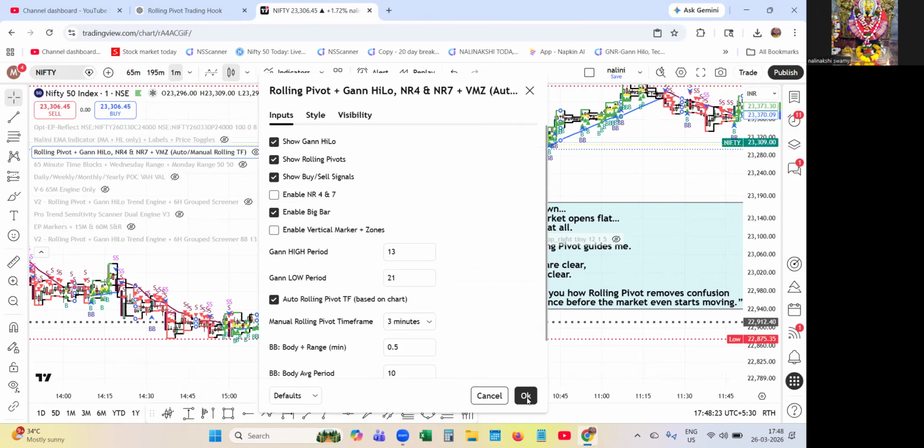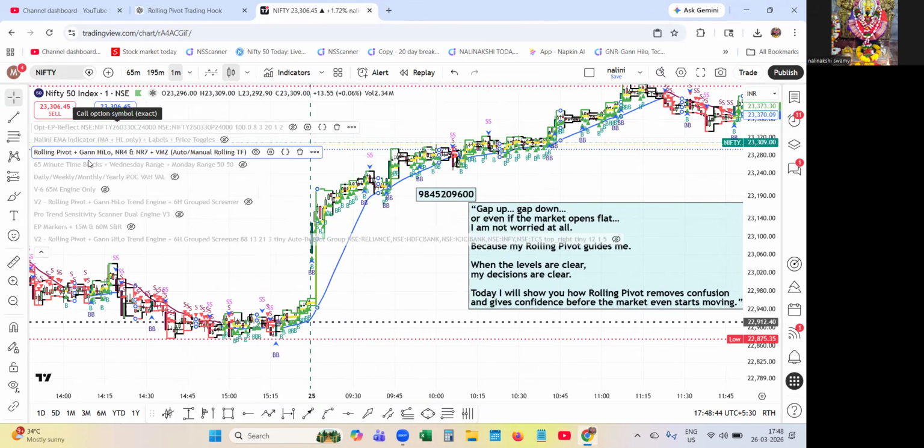Visually and psychologically, it makes you comfortable. The first step is the manual setup. When it is hourly, I set it for 3 minutes, save it as default, and say okay.